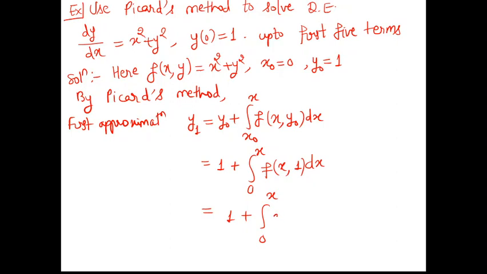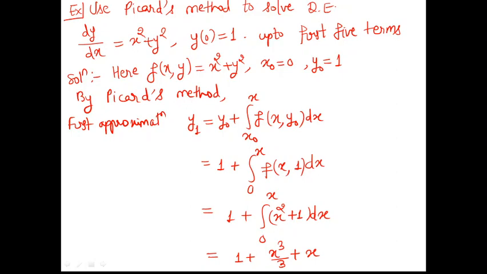So we have x square plus y square, y is 1, so 1. Now integrating this, now this becomes completely a function of x. So we have 1 plus integration of x square is x cube by 3 plus integration of 1 is x, and on applying the limits you will get the same terms.